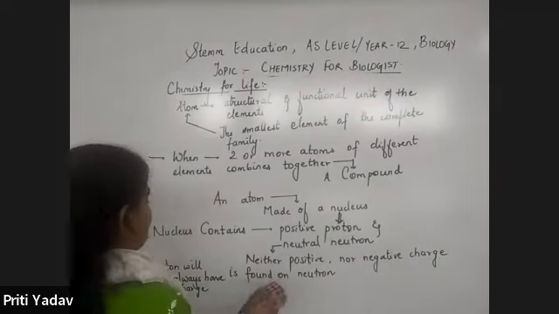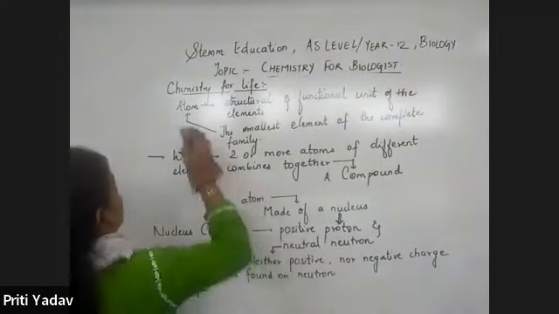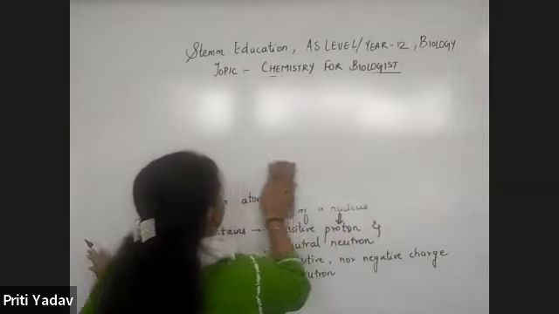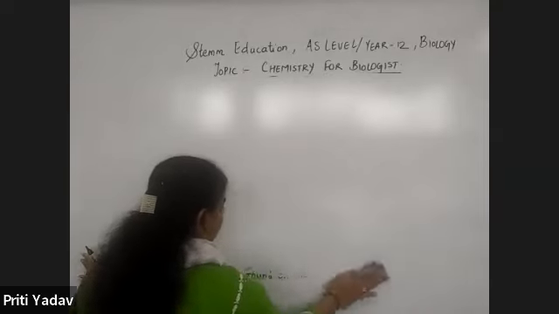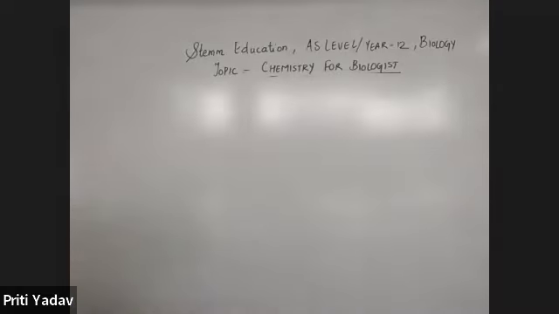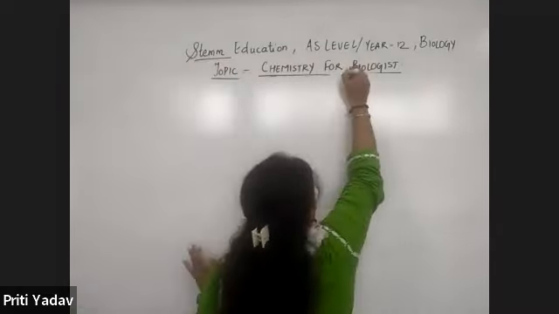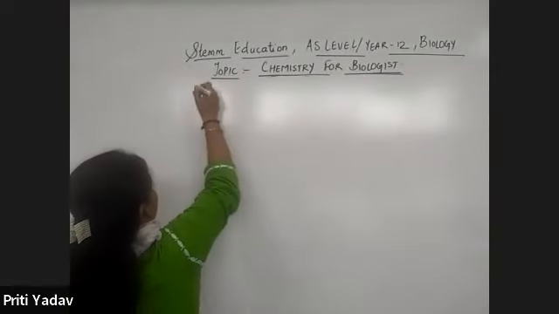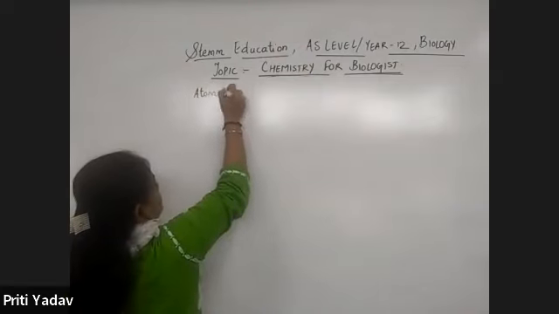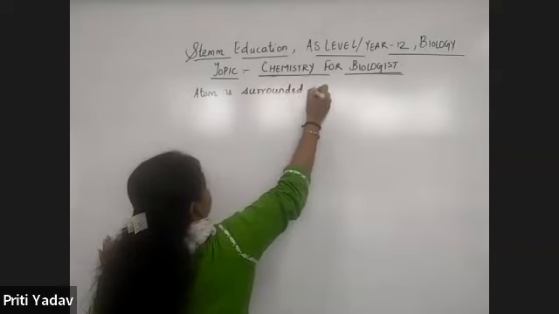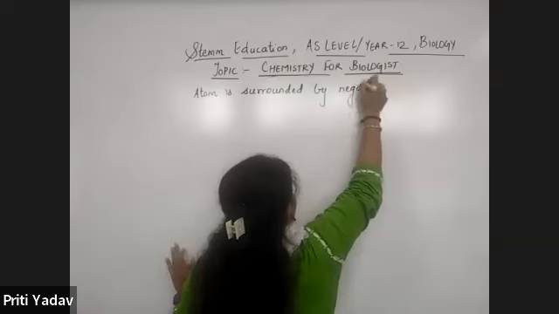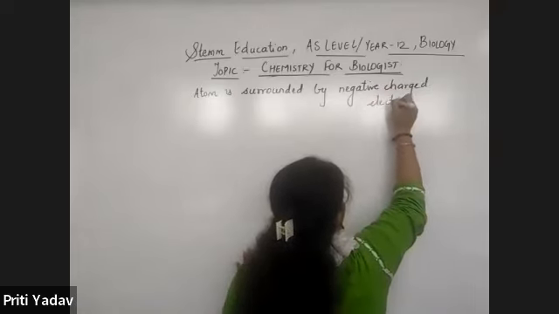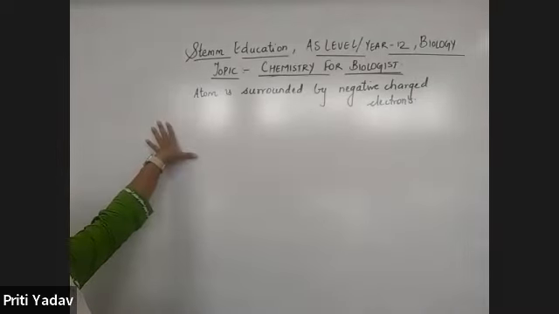Next, we see what is present with the negative charge. The atom is surrounded by negatively charged electrons.